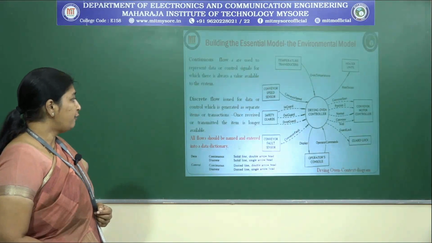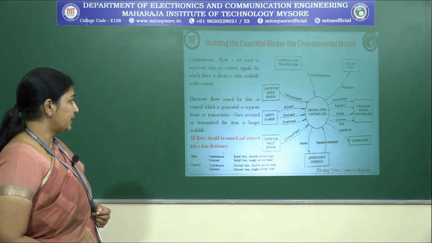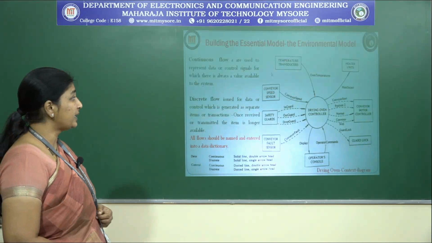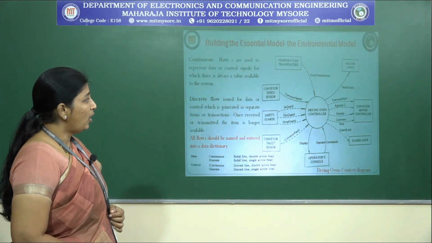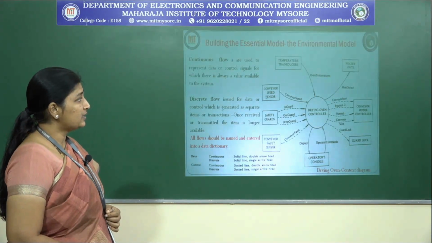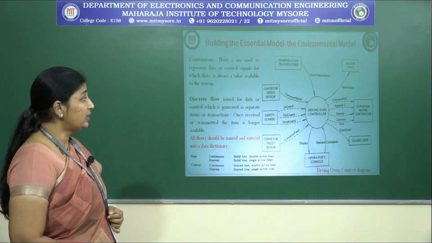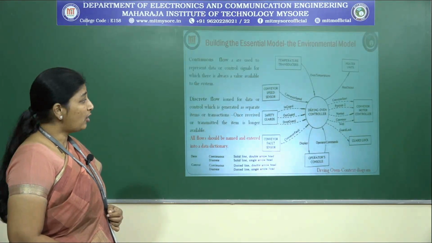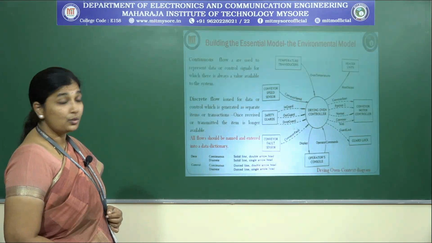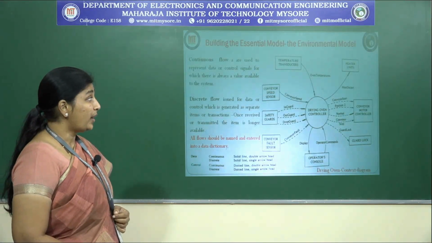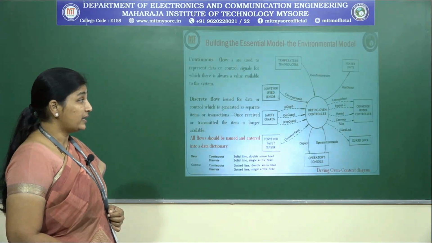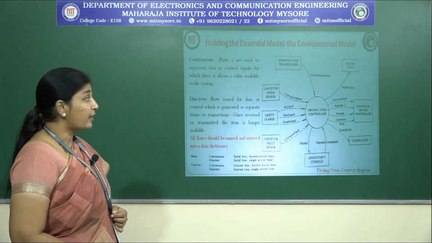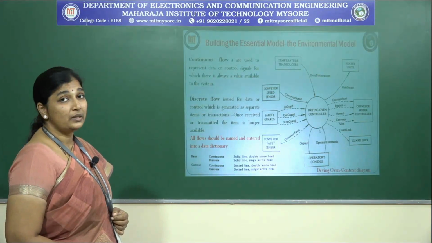So all flows should be named and entered in the data dictionary. What do you mean by that? If you just see this diagram, all the flows from the external or terminator end to the controller are connected and they are named. So it is important that you name all the lines connecting the terminator end to the controller end.